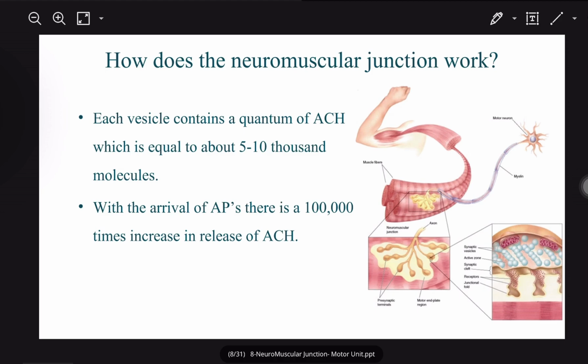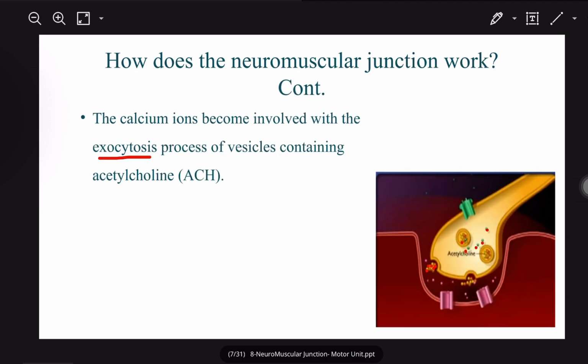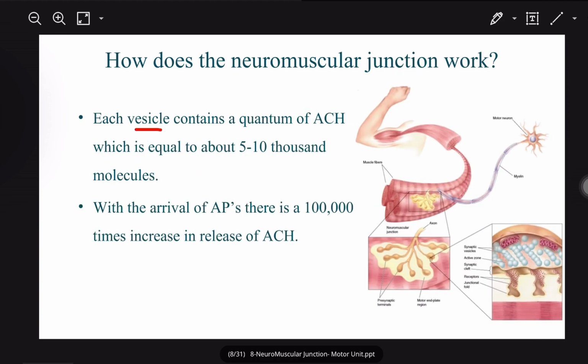Each vesicle contains a quantum of ACH. When I say ACH, we mean acetylcholine. Each one of these small vesicles contains an amount of ACH of about 5 to 10,000 molecules.